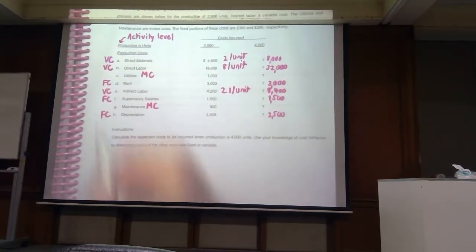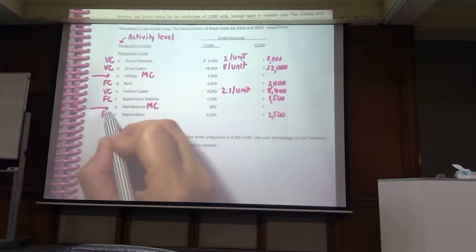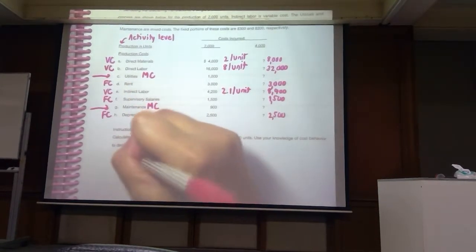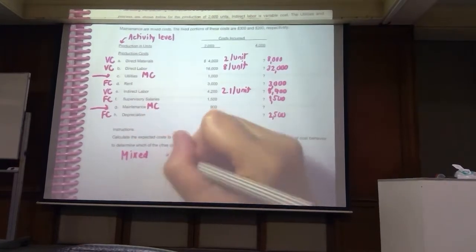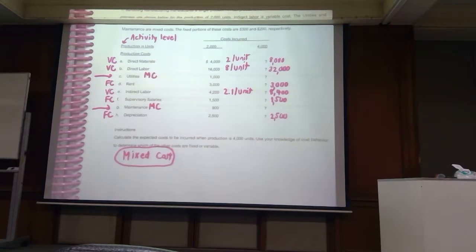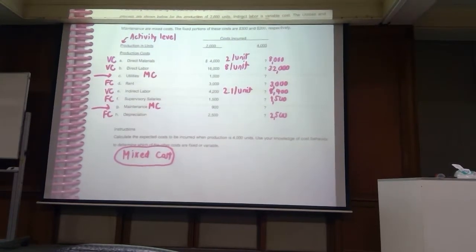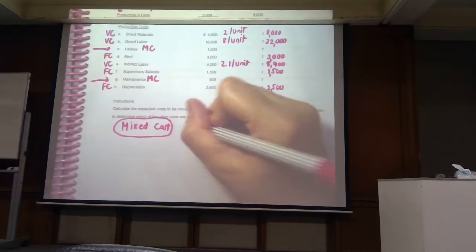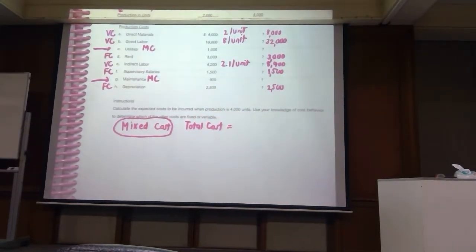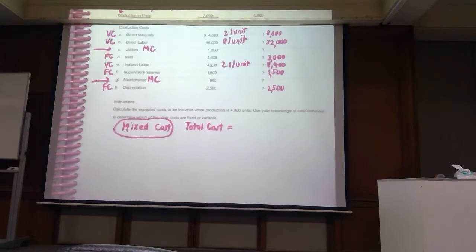Yeah, and how about these two guys? This one you need to think a bit more, okay? See, for the utilities and maintenance, we know that these two costs are mixed costs, okay? And for the mixed cost, we know that the total cost consists of two parts, okay?